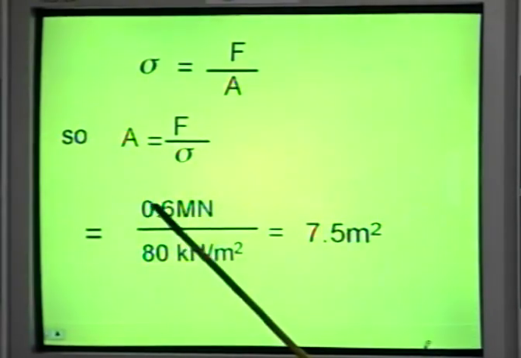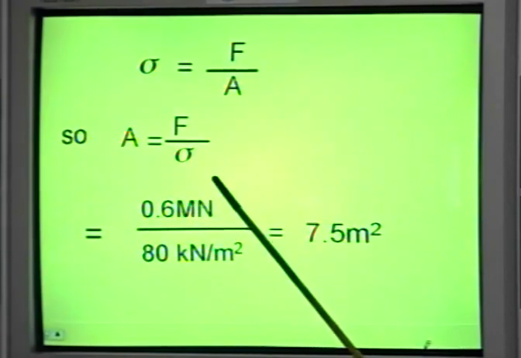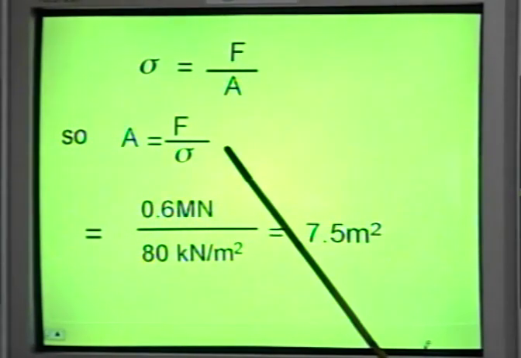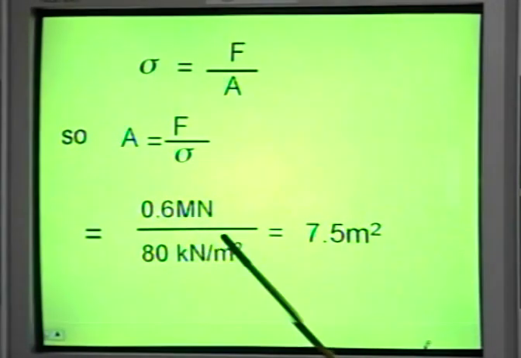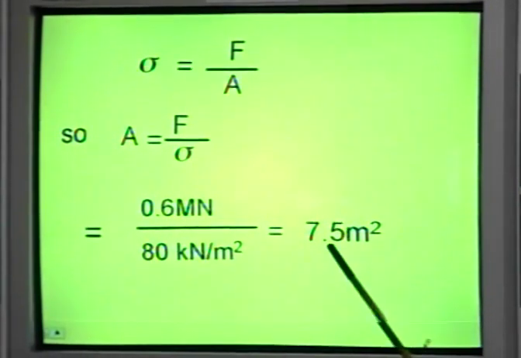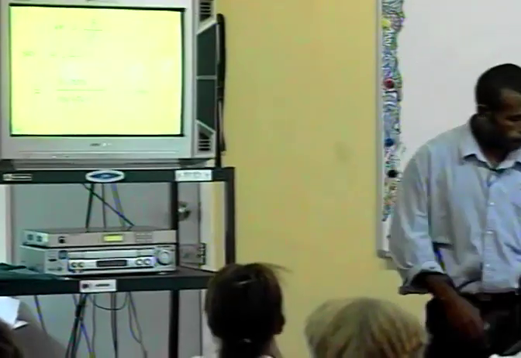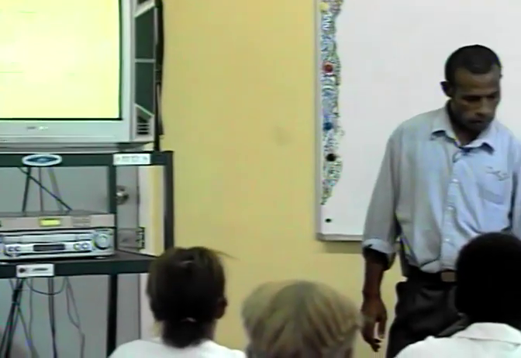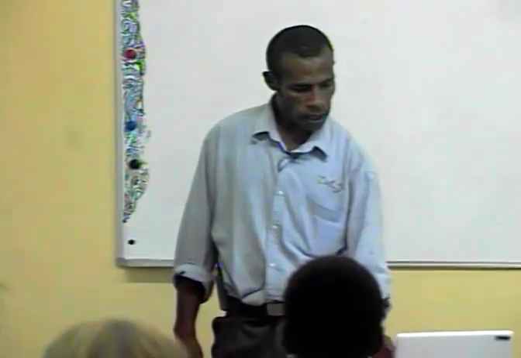And then we have seen that about 0.6 meganewtons can support that 1.2 meganewtons. So it is giving us an area of 7.5 meters square. All right, you can go through, just take this formula down.